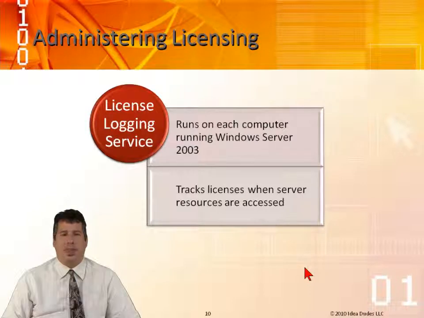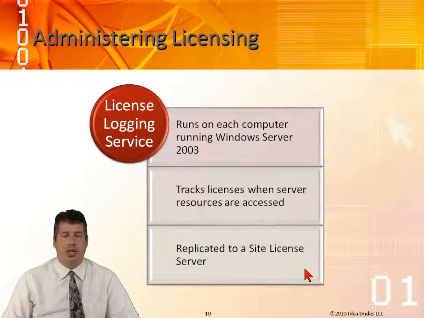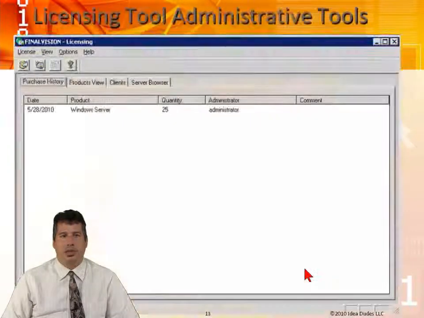If we have 1,000 licenses and somebody tries to connect as number 1,001, it queries the logging service, and the licenses come back and say, I only have 1,000, so 1,001, you're not going to be able to connect. It replicates to a site license server, which we can implement throughout the whole enterprise, and this will keep track of all the licenses.